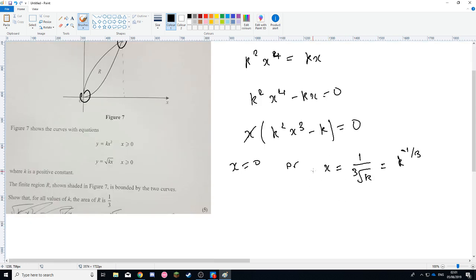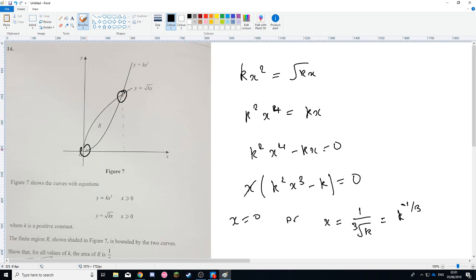Next thing we notice is that root kx has the larger area. So we're going to first work out root kx's area, which looks like this, and subtract from it kx squared's area, which looks like that. So this is area 1, this is area 2.